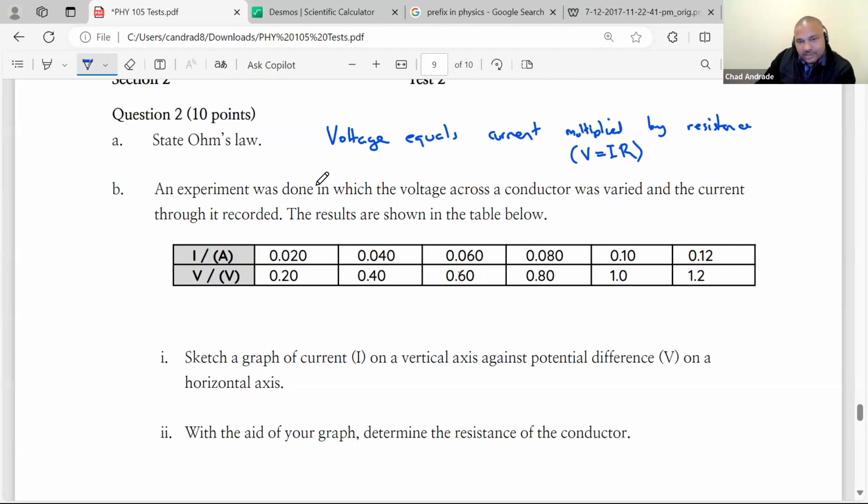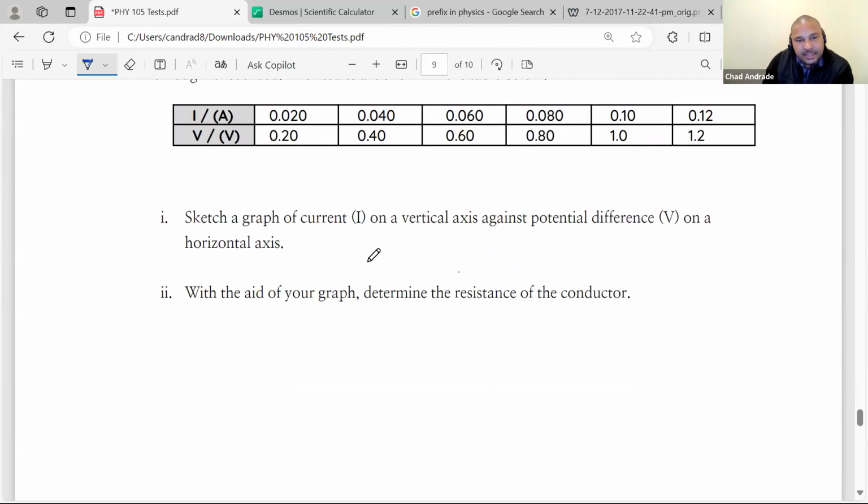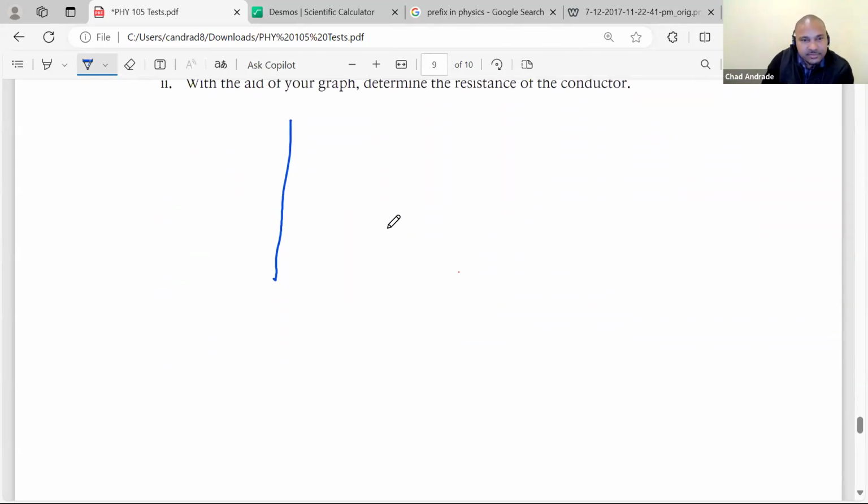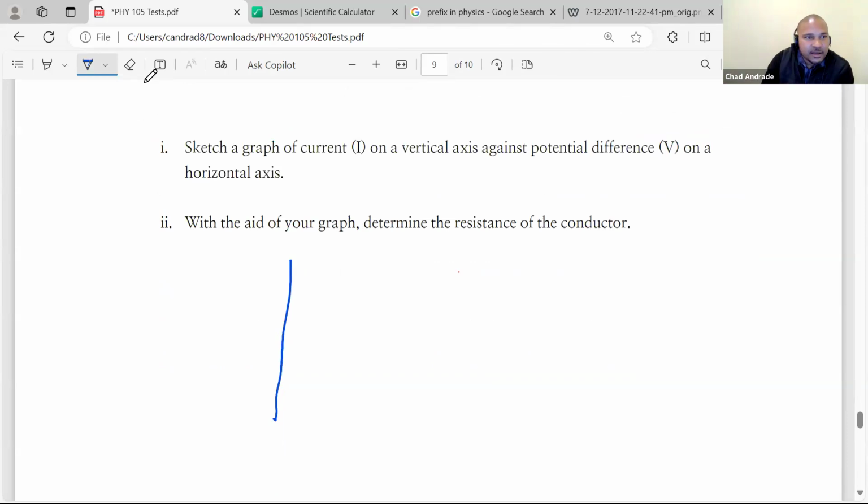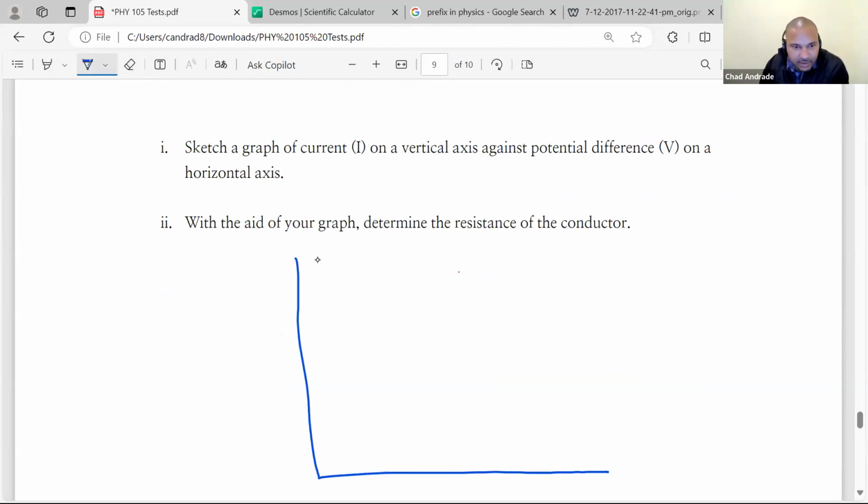It says sketch a graph of current on the vertical axis against voltage on the horizontal axis. It seems tricky, but it's not hard.